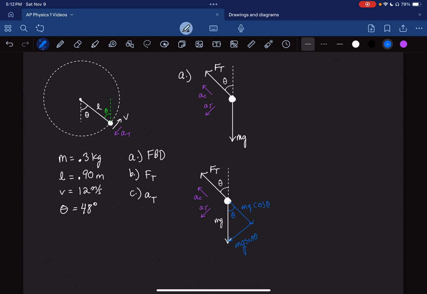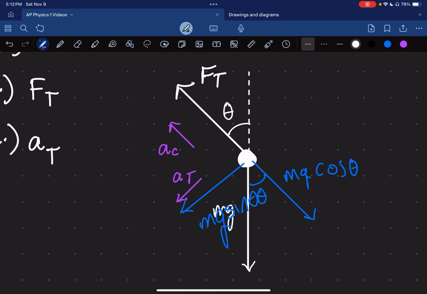Now on the free body diagram, we will put this over here. So can I just steal it? There we go. Oh, and it's taking that with it. I made a mess here, but you can figure out what I'm trying to do. mg sine theta is here.